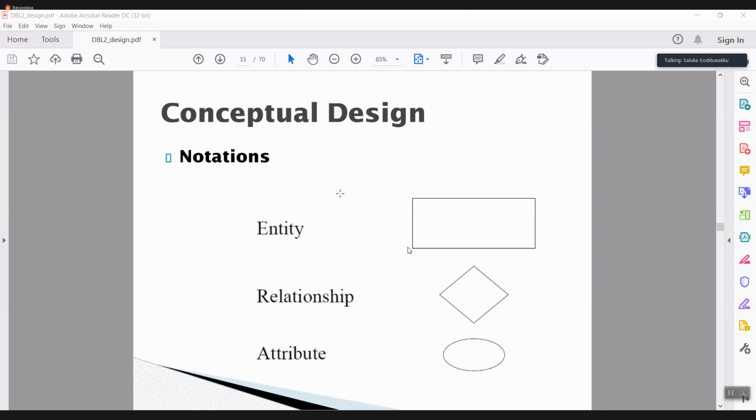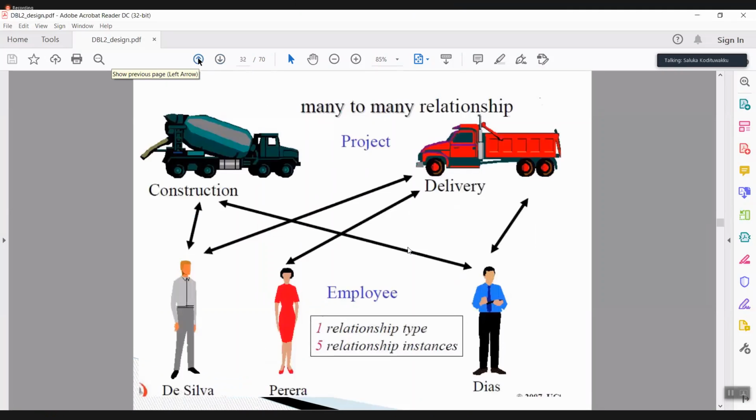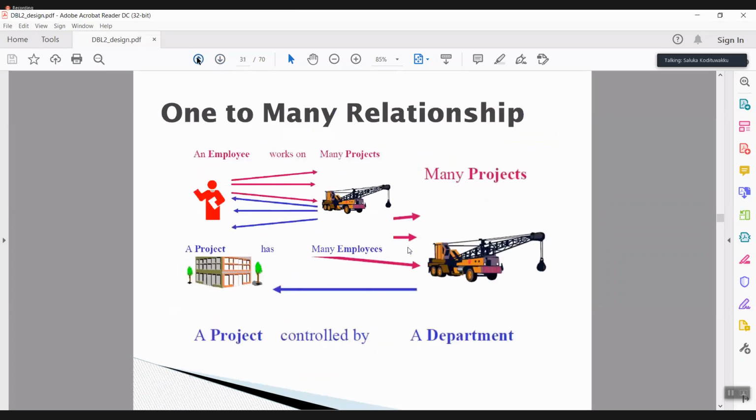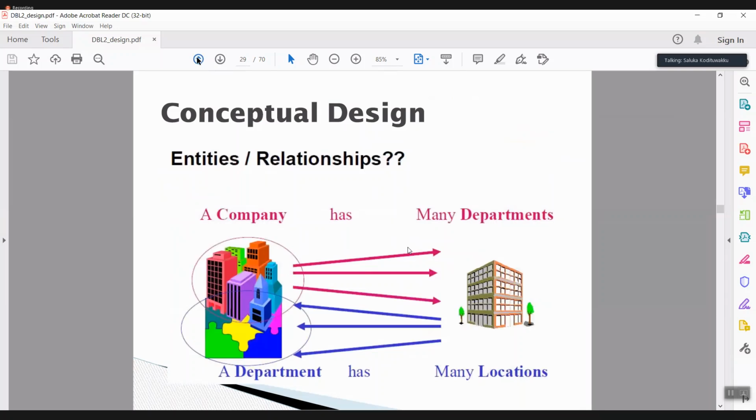Okay, when we consider a many-to-many relationship, both sides have multiple instances involved. When we talk about a one-to-one relationship, an instance of one entity is associated with at most one instance of the other entity.